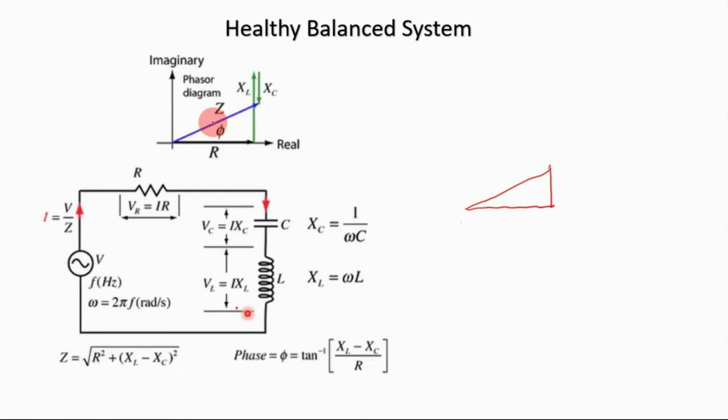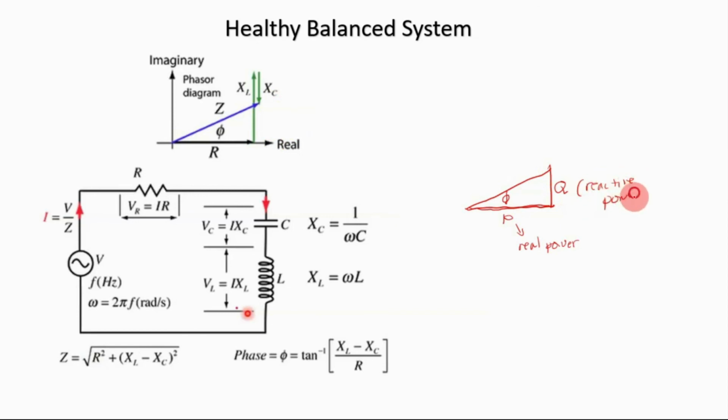This phi is actually the phi for your power. The resistance corresponds to the real power, P. The vertical part, for the inductive or capacitive reactance, we call Q, the reactive power.